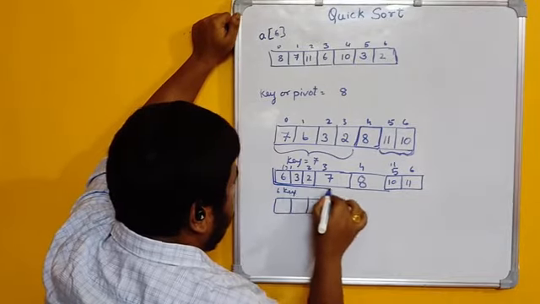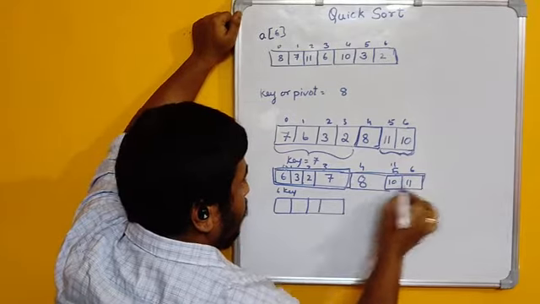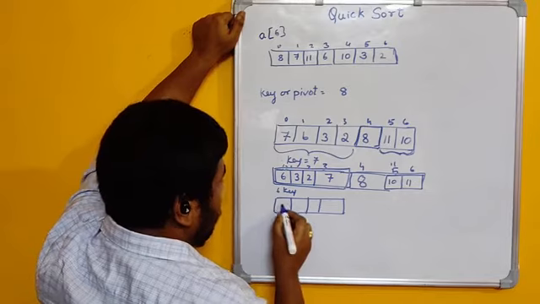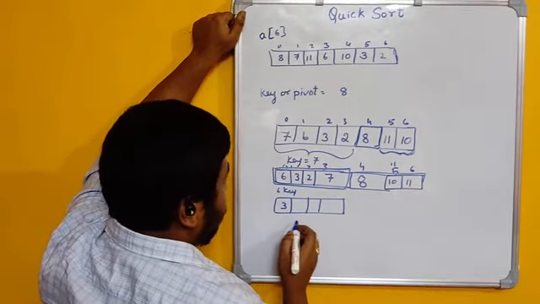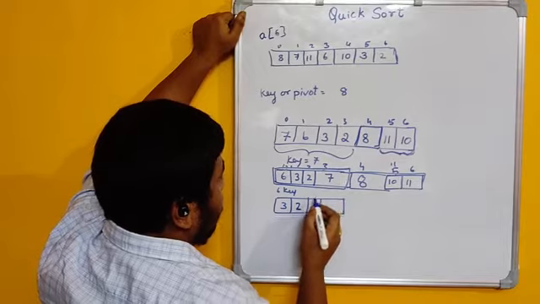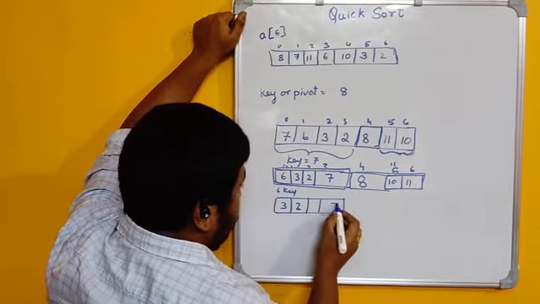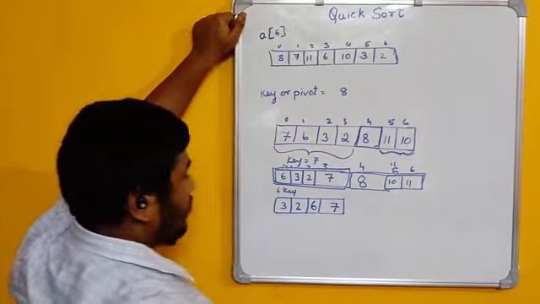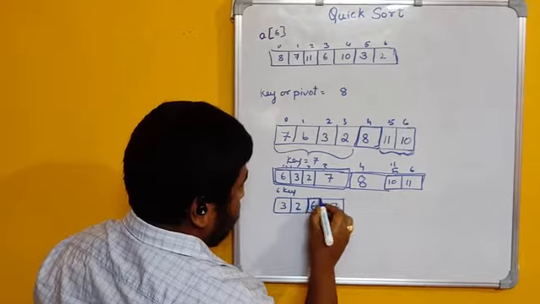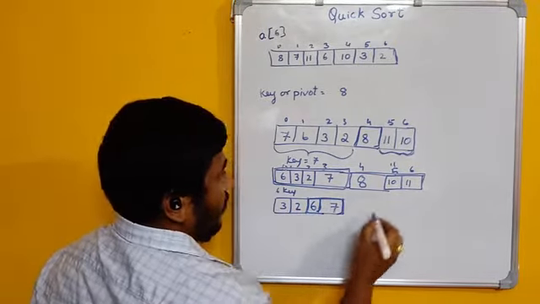This is the array that needs to be partitioned; the other array is already sorted. Again, 6 is our key. 3 is less than 6, so 3. 2 is less than 6. And 7 is greater than 6, so it will come here. This is the 6. Now 6 has been separated, and this has also been separated.